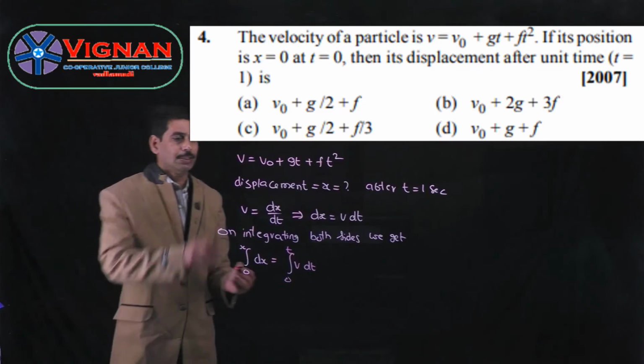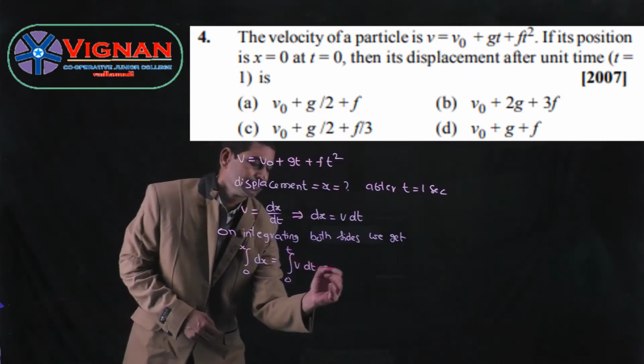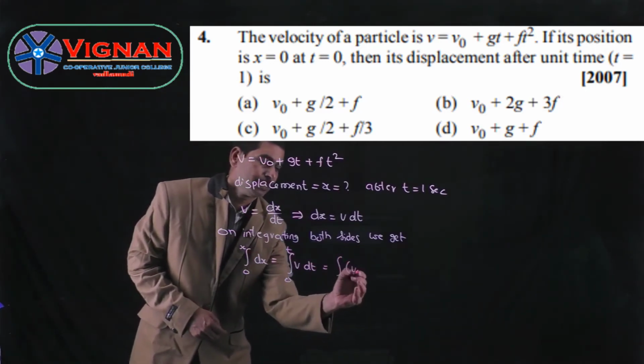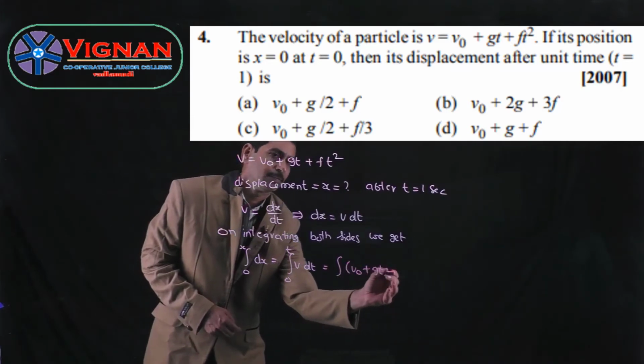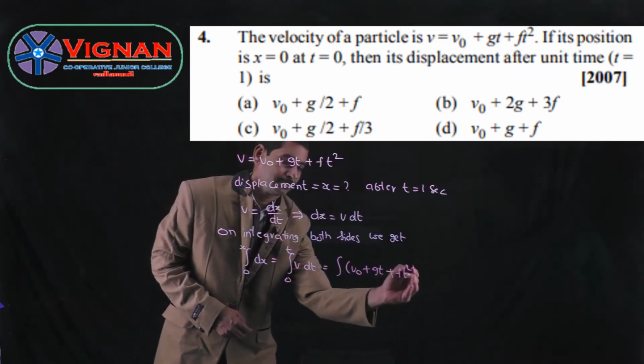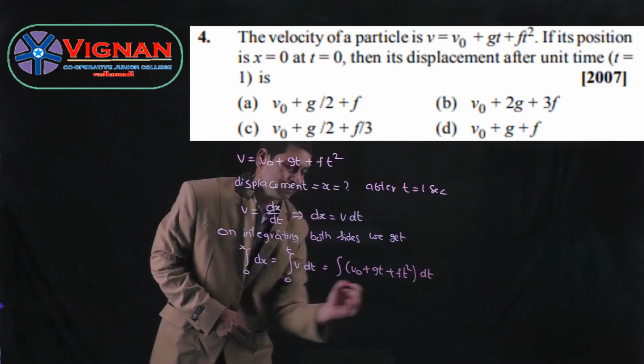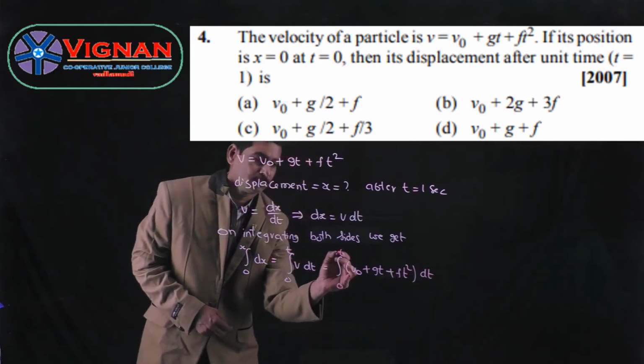Now integrating on both sides, we get the integral of x power minus 1 by 2 dx is equal to the integral of alpha dt. Here the limit is 0 to t and here the limit is 0 to x.